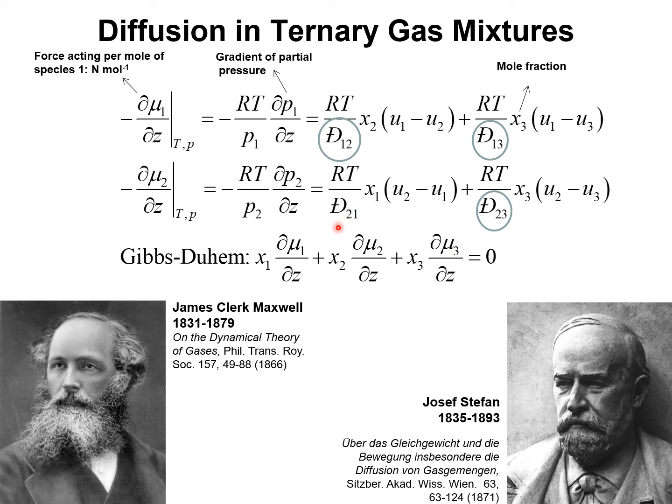The term d21 equals d12 because of the Onsager reciprocal relations, and therefore there are only three independent diffusivities describing ternary gas diffusion.